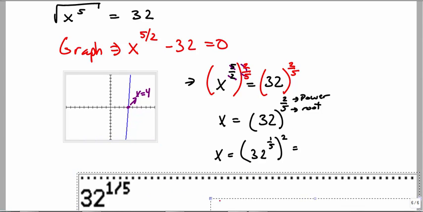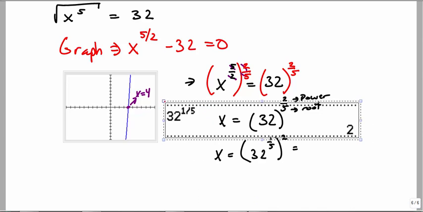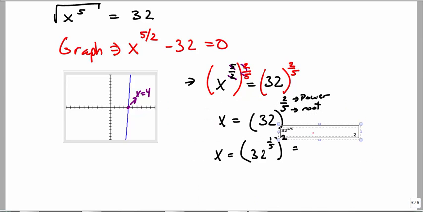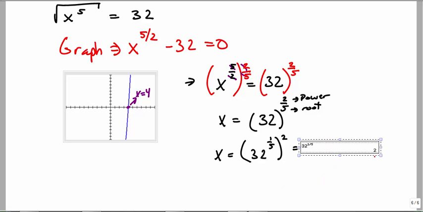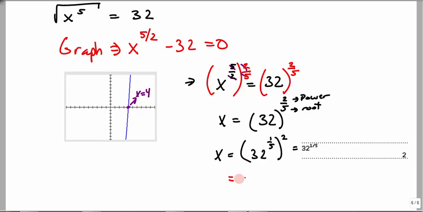But I just want to show you how these work in steps. So I have 32 to the 1/5 is 2. So this piece is 2 from here. And then of course 2 squared is 4.